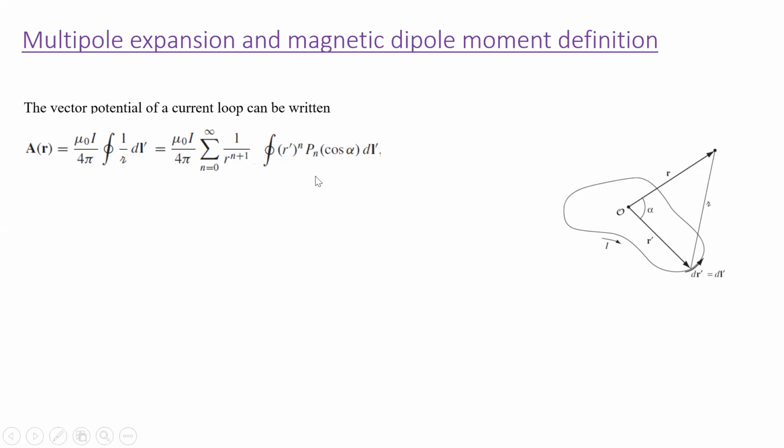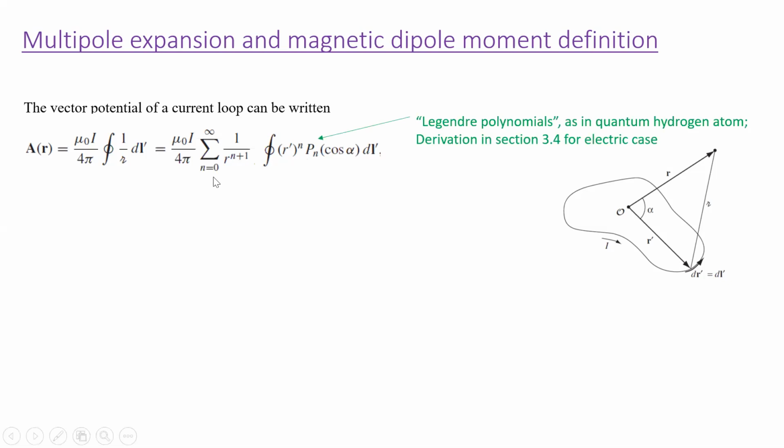Okay, so I'm not requiring you to follow or understand this. This is sort of graduate level mathematics or physics, mathematical physics. But I would like you to be familiar with the name of these polynomials. These are called the Legendre polynomials.